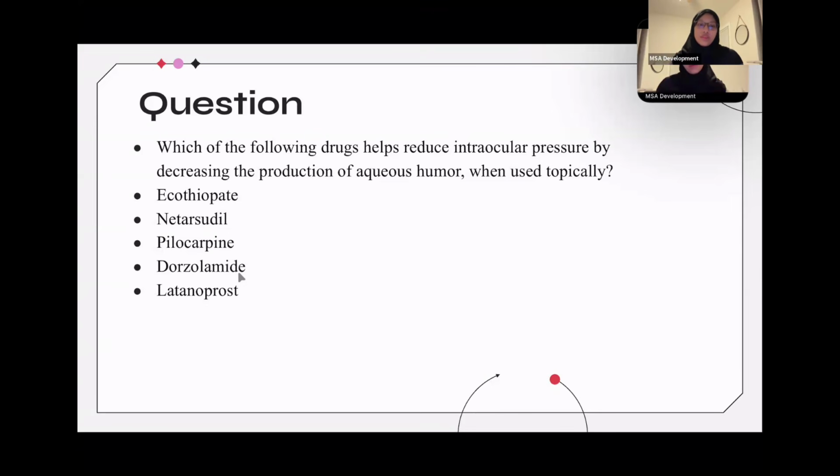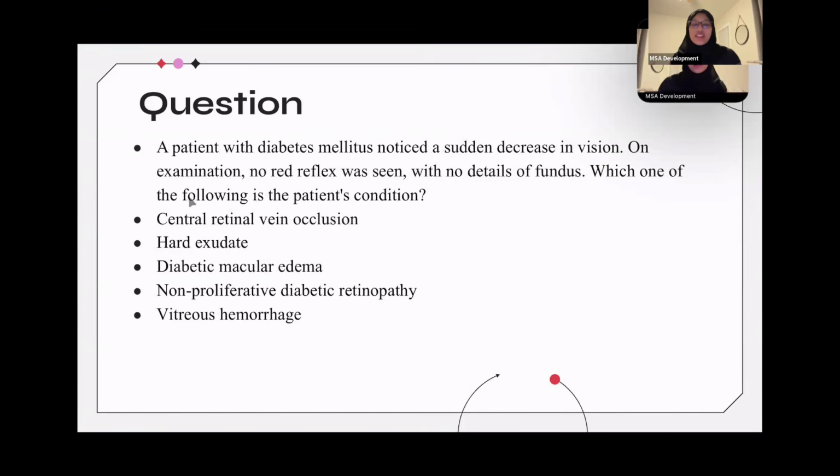So remember anhydrase inhibitor, amide, okay? Prostaglandin is not for the production, this one is for the outflow. Okay, this is something else we didn't take in this lecture.